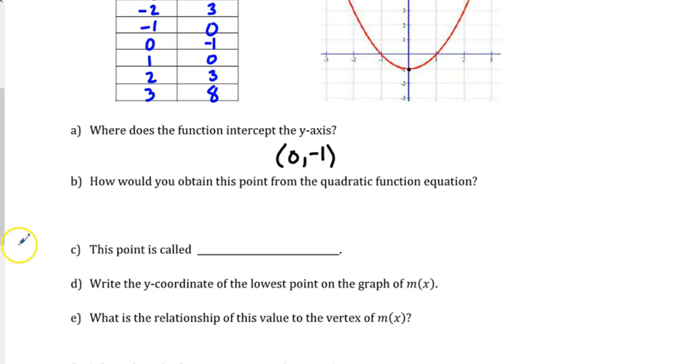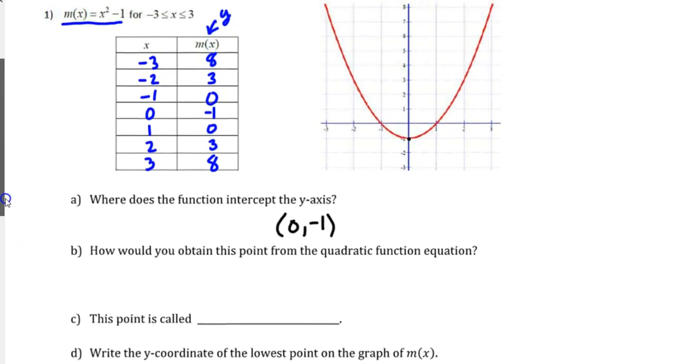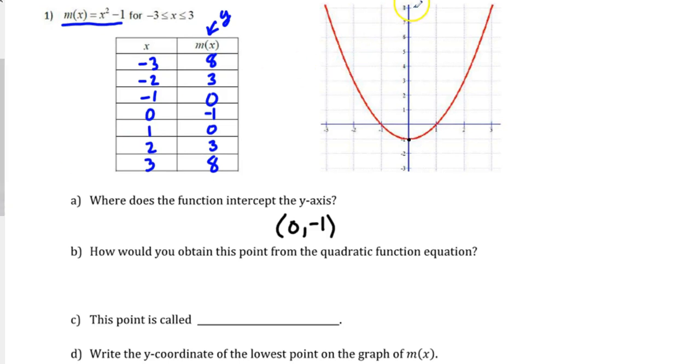How would you obtain this point from the equation? Well, let you think on that a little bit. We just mentioned what we know about all points along the y-axis. Okay, so hopefully you thought about that for a second and considered that the x would have to be 0, and I could substitute 0 into the equation for x.